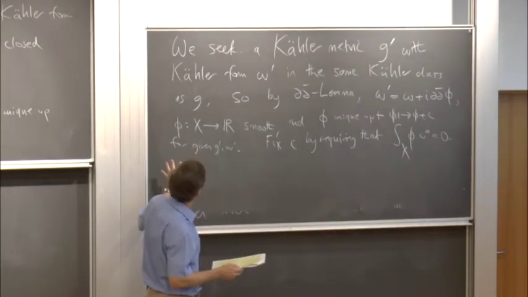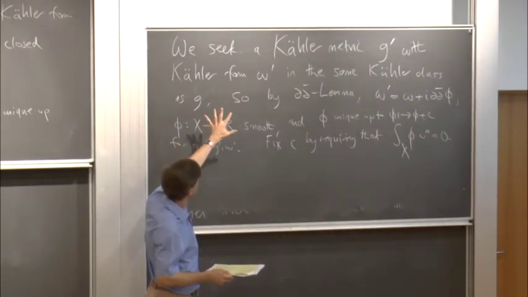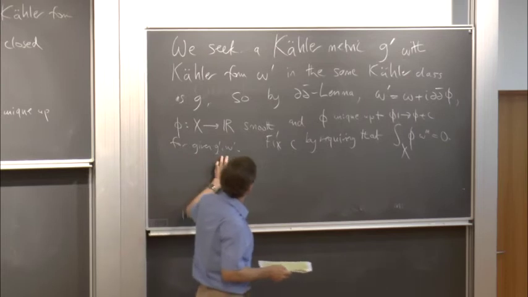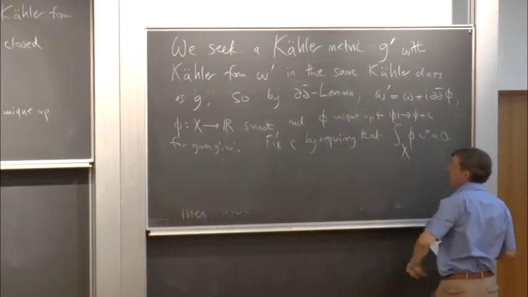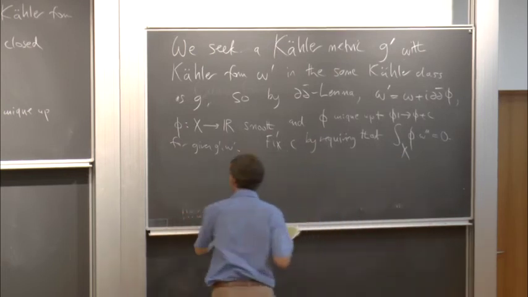Okay, so we want some smooth function φ, such that this thing is going to be a Kähler form with the correct Ricci curvature.